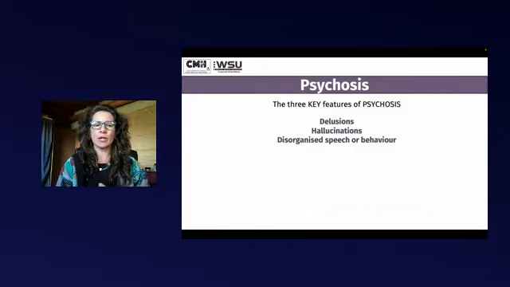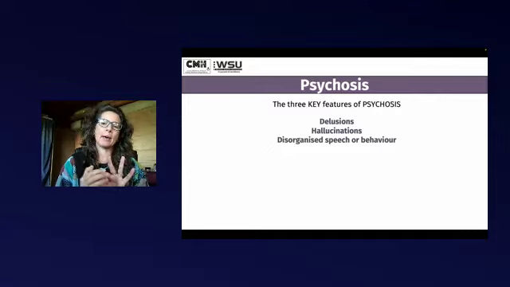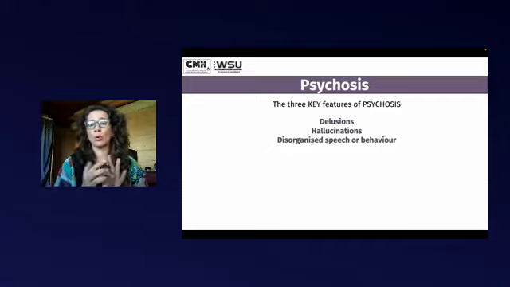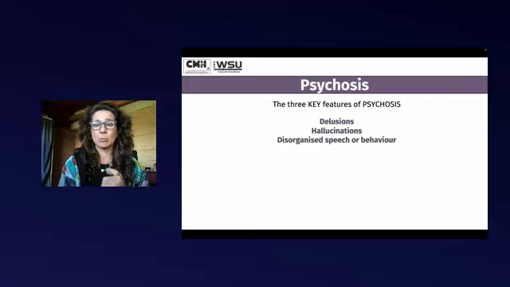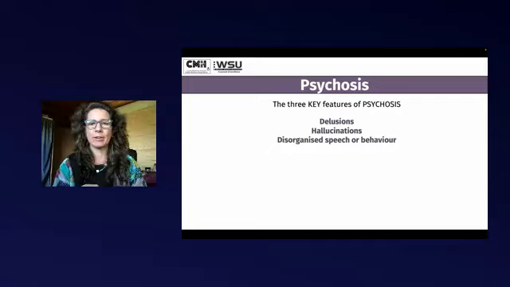When you think about psychosis, there are basically 3 key features that tell you a patient is psychotic, and one or more of these will make you think of psychosis. The first is the patient having delusions, or hallucinations, or disorganized speech or disorganized behavior.